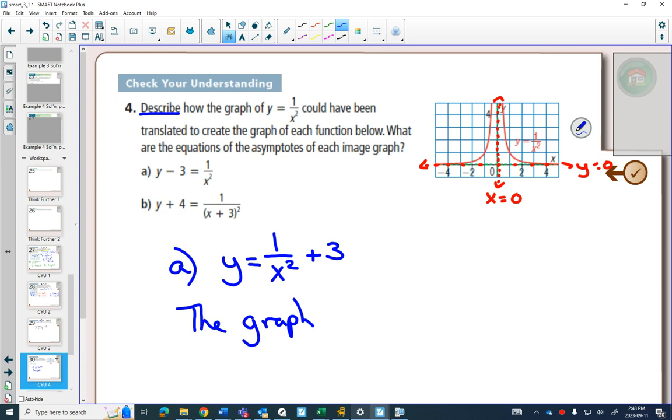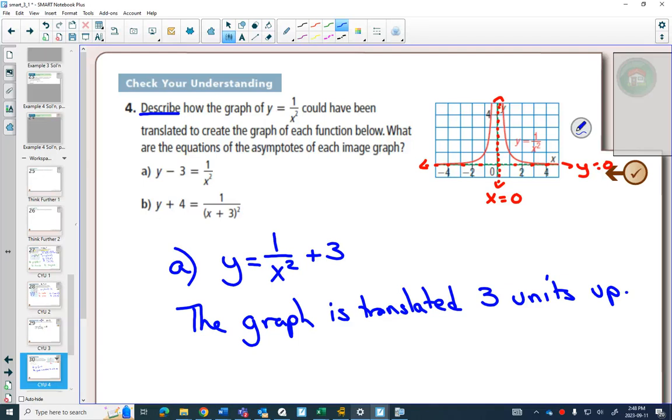Translates it up 3 units, so the graph is translated three units up. So we write a full sentence describing what's happened. We've got some descriptive words like translated. Translated is when anything is moved up, down, left, or right.